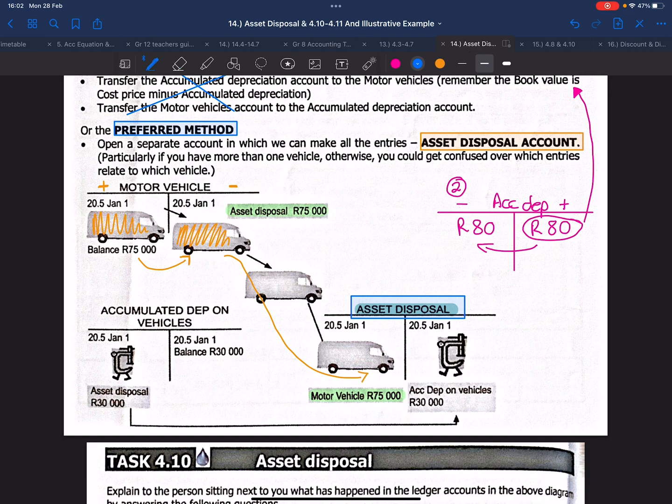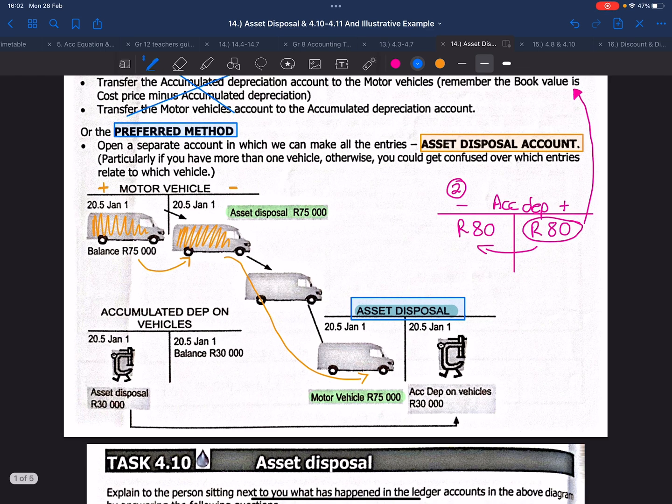So we took the vehicle out of our books, and because we credited motor vehicles, we then debited the asset disposal account with 75,000. Then, just like we said before, if you take the motor vehicle out, you need to also take the accumulated depreciation relating to that vehicle out of the books.